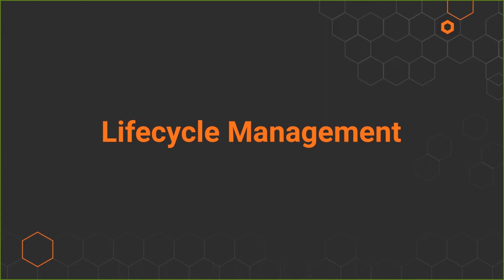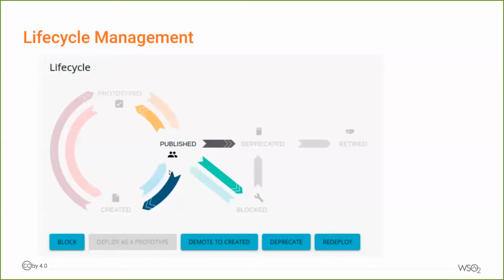For example, when you create an API, it is in the created state, and after you do some relevant design and runtime configurations, you can move it to the published state. Let's see the available lifecycle states.